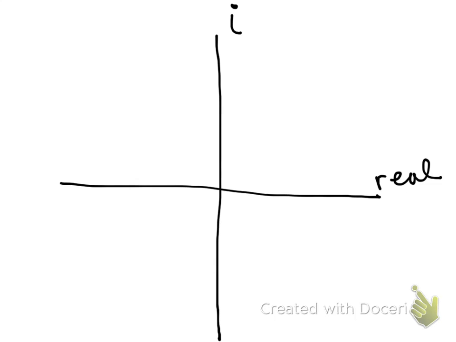So it will tell you to graph something like 2 plus 3i. You graph the 2 on the real axis. You graph the positive 3 on the imaginary axis. So you would go over 2 on the real axis. You'd go up 3 on the imaginary axis, and it would be this point right there.